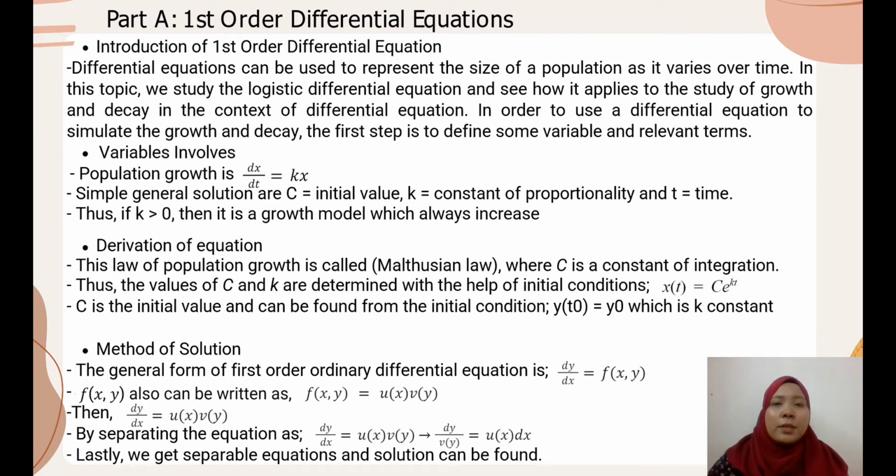Therefore, dy over dx equal to u(x) v(y). By separating the equation, we get dy over v(y) equal to u(x) dx. We get the separable equation by integrating both sides, so the solution can be found.